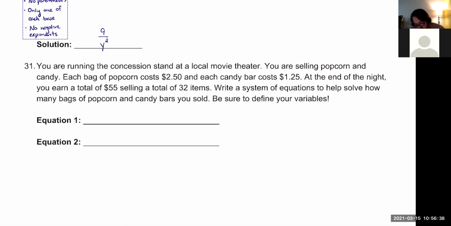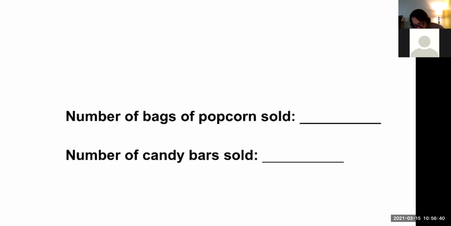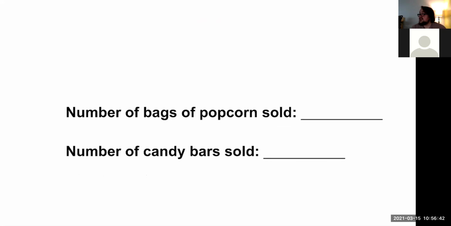Now it did say be sure to define your variables first. I'm gonna take a shortcut here. I'm gonna come down to my answer lines, and I'm gonna say that the number of bags of popcorn sold, I'm gonna put an X next to that.